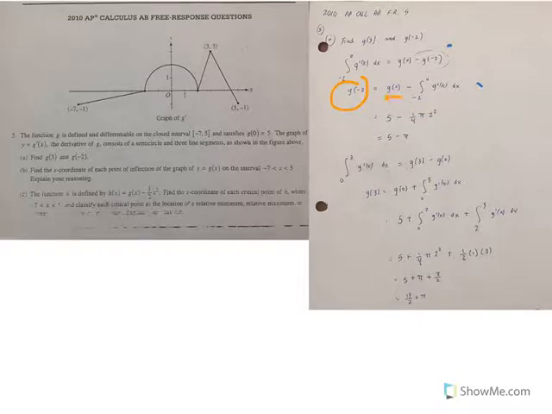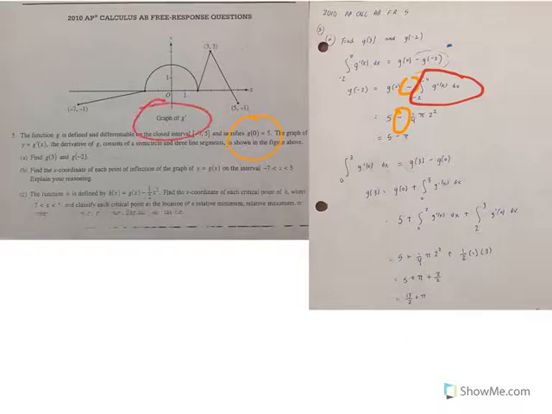It's equal to g of 0, which is given to be 5, minus the definite integral of g prime of x dx from -2 to 0. So I have the minus sign. So the minus sign is carried over here. And how do I find the value of the definite integral of g prime of x dx from -2 to 0?